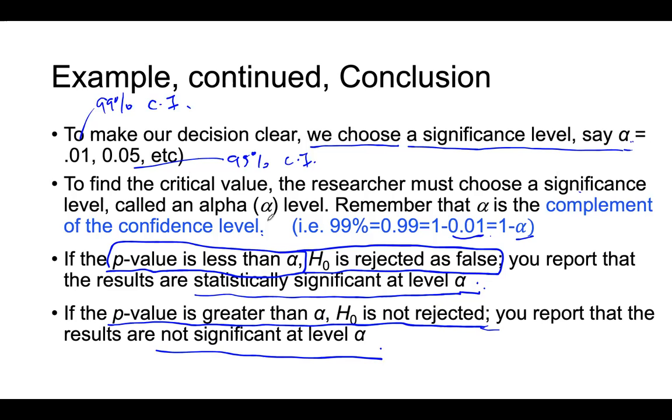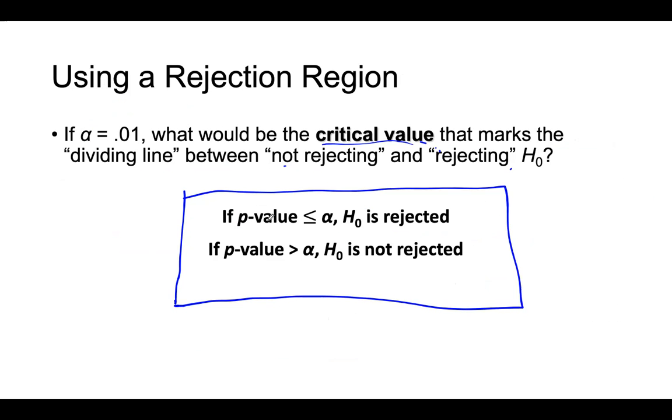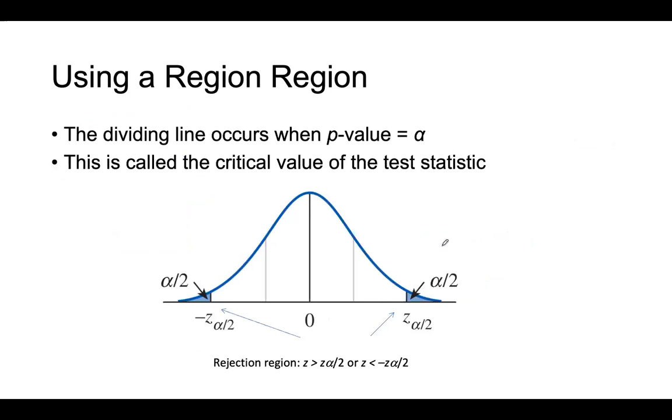So it's rejected as false. It's a very small value, so there's not enough evidence for the null hypothesis. This is why it's rejected. If the p-value is greater than alpha, the null hypothesis is not rejected. It'll be easier once I show pictures.